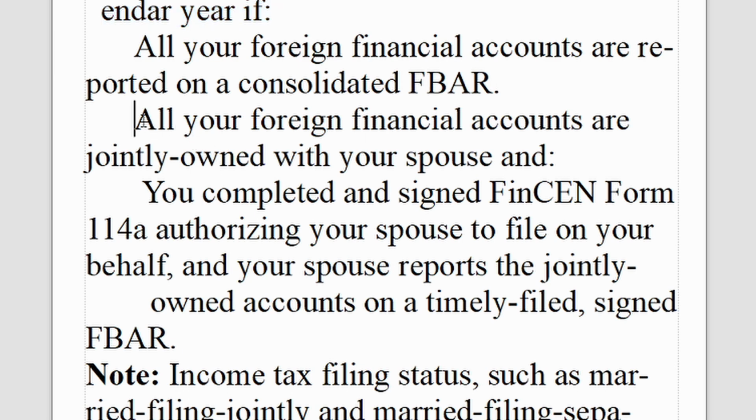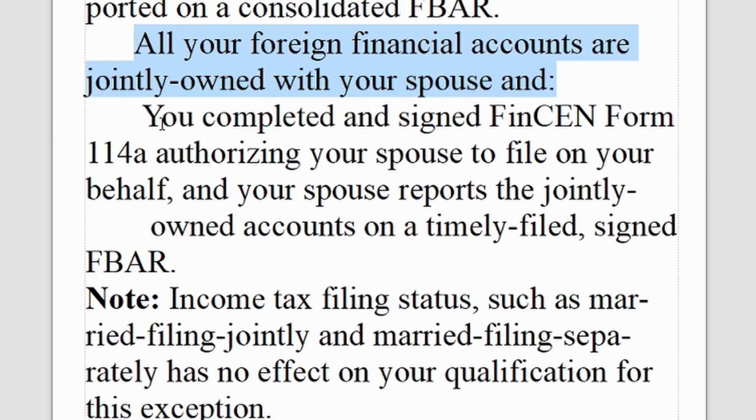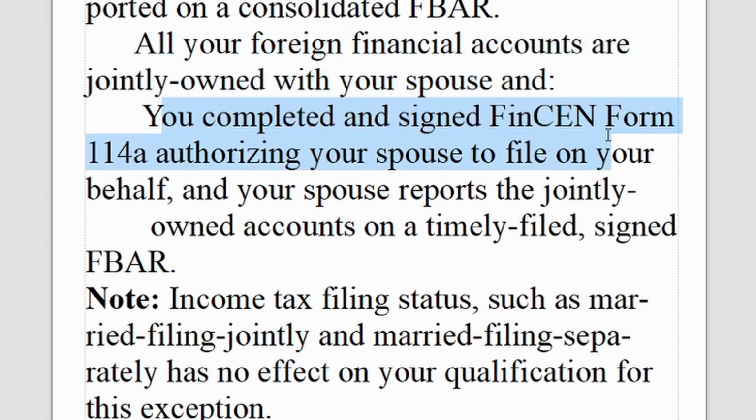Or all your foreign financial accounts are jointly owned with your spouse, and you completed and signed FinCEN Form 114A authorizing your spouse to file on your behalf, and your spouse reports the jointly owned accounts in a timely filed signed FBAR.